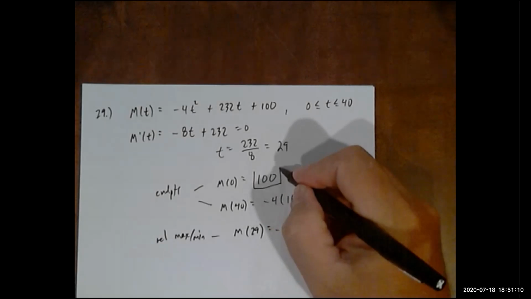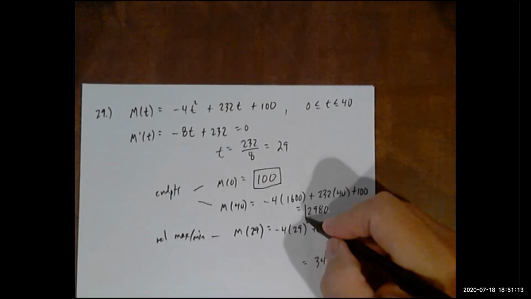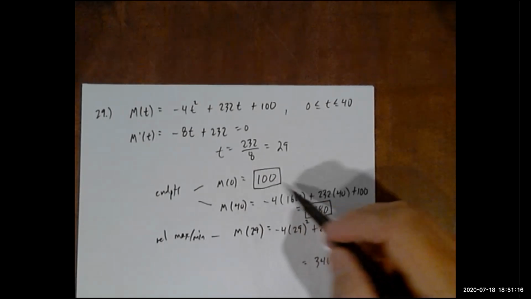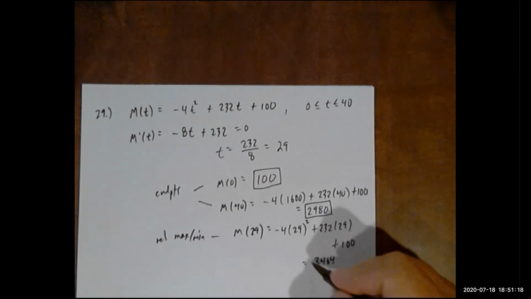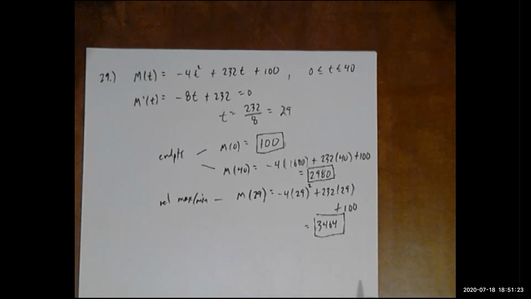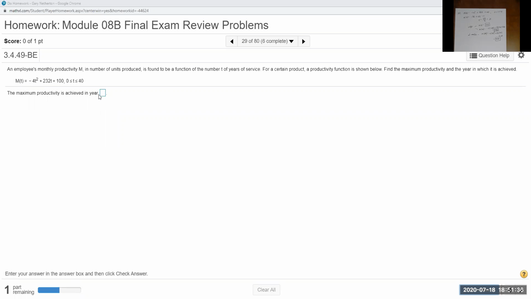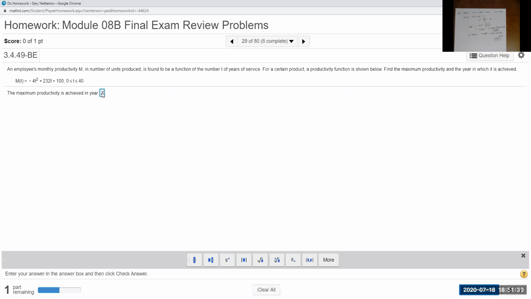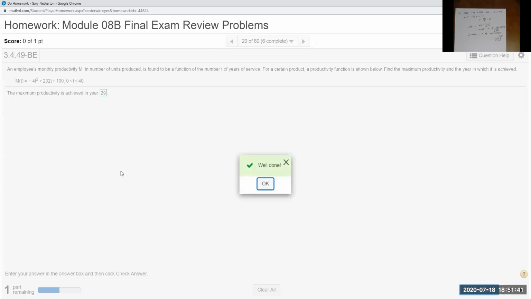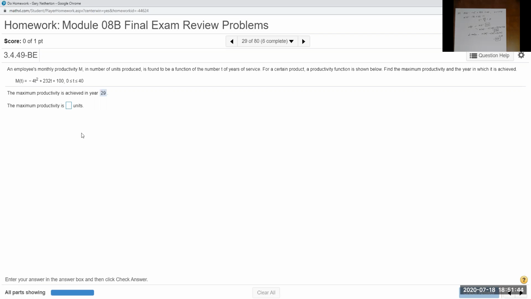So here is the amount of work the person does. In 0 years, 100. After 40 years, 2980. In between, at 29, 3464. So actually, that 29th year is when he's getting the maximum amount of work done. So it's achieved in year 29. And they're going to probably ask the amount, 3464.